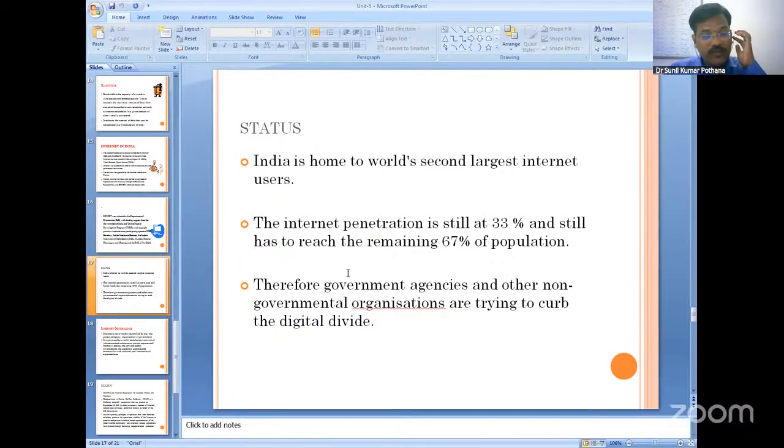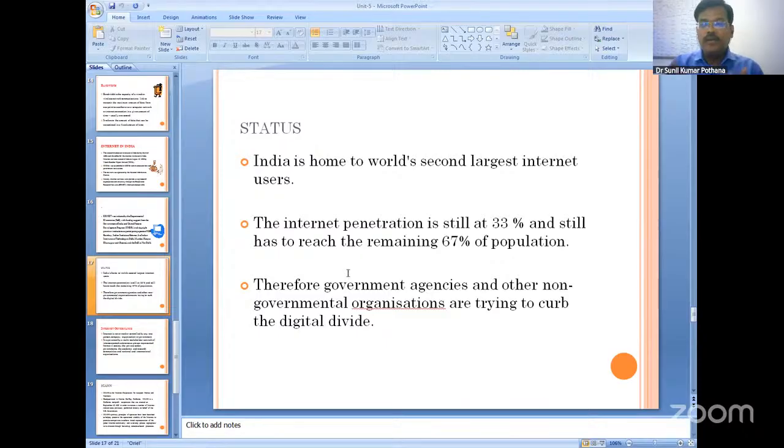The growth of the internet is widespread not only in urban but also in rural sectors because, post-COVID, the use of mobiles has widened. So 97% of the population are now using mobile phones.